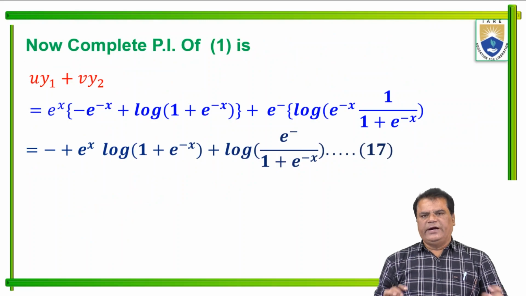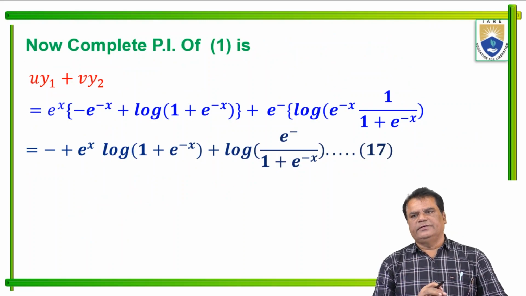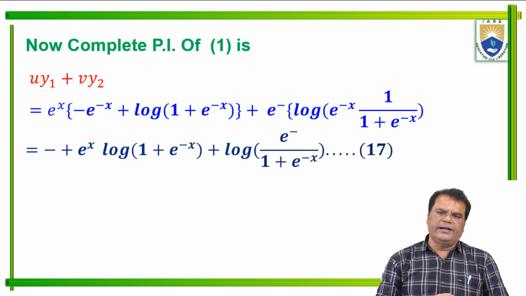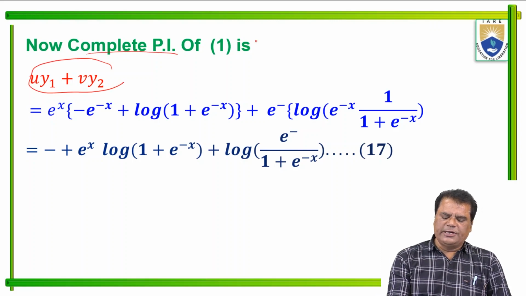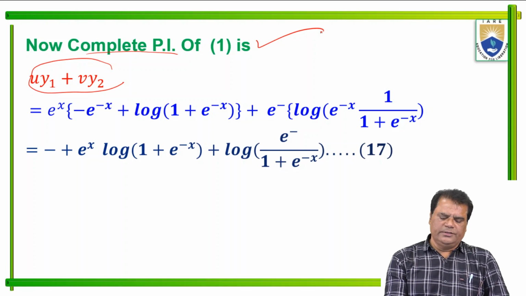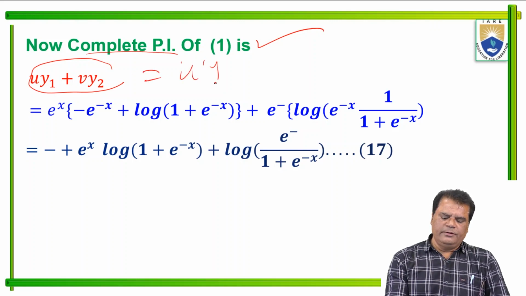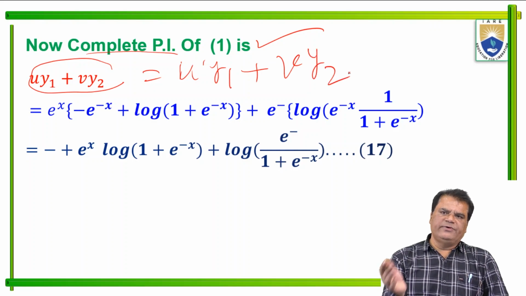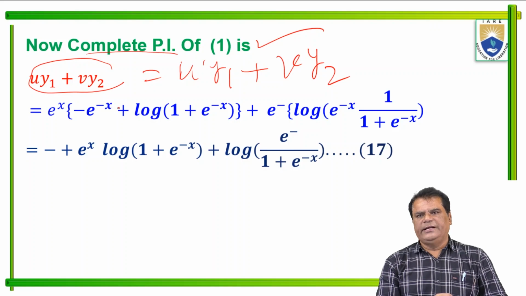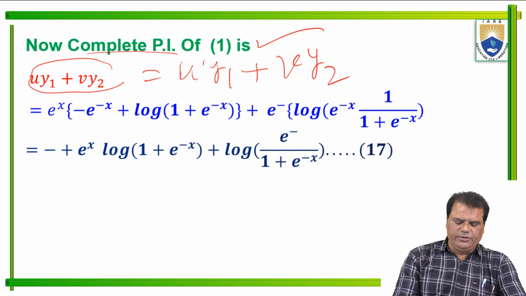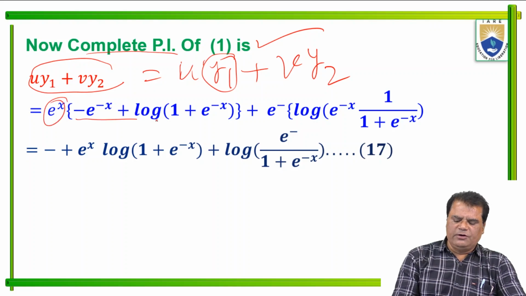So now we find the value of u and v, and y1 and y2 are also already known. So this is the complete PI. Now the complete particular integral of 1 is u y1 plus v y2. Y1 and y2 are already known, and u and v we find out. Putting the value of u, y1 is e to the power x.